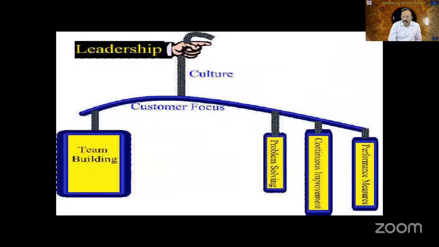And the last aspect is, as youngsters, you've all been taught about ophthalmology, the clinical methods, and to a certain extent the management of various departments. But putting everything together, building the team, solving the day-to-day problems, showing continuous improvement, and managing the key performance measures, all this requires a certain kind of management skill, and that is called leadership skills.